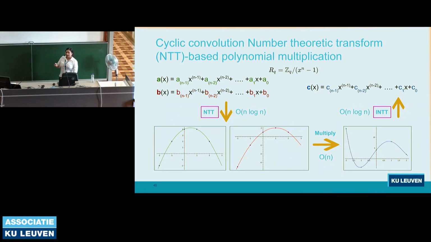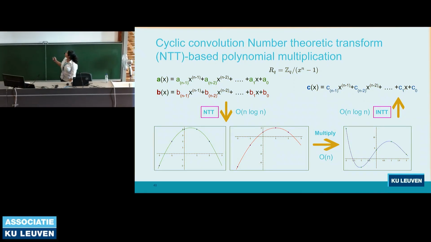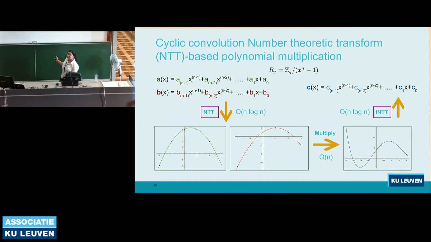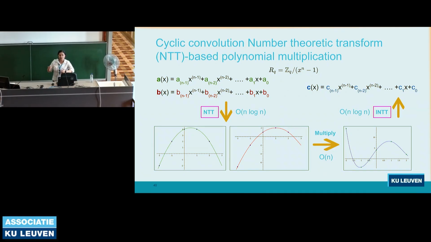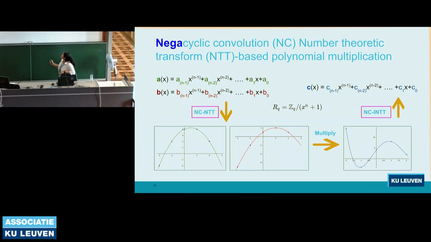Now I'll come back to the issue. Notice this ring. It uses ZQ[x] modulo x to the power n minus 1, which is different in post-quantum schemes. Most of them use something like x to the power n plus 1.